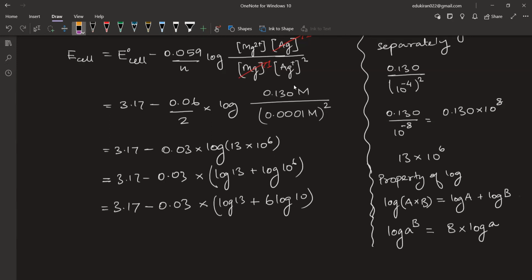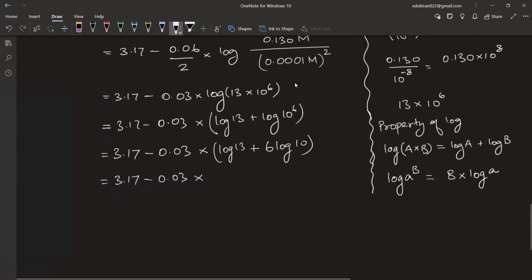Any problem till here, guys? Okay, what happened? Now see. Now for log 13, there are three different things that you can do.